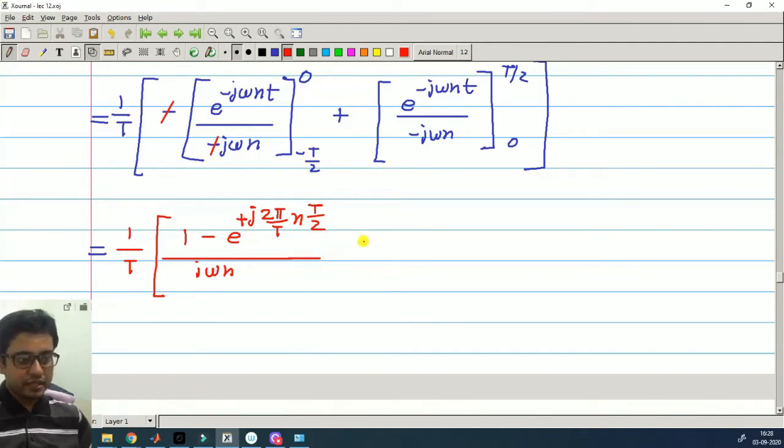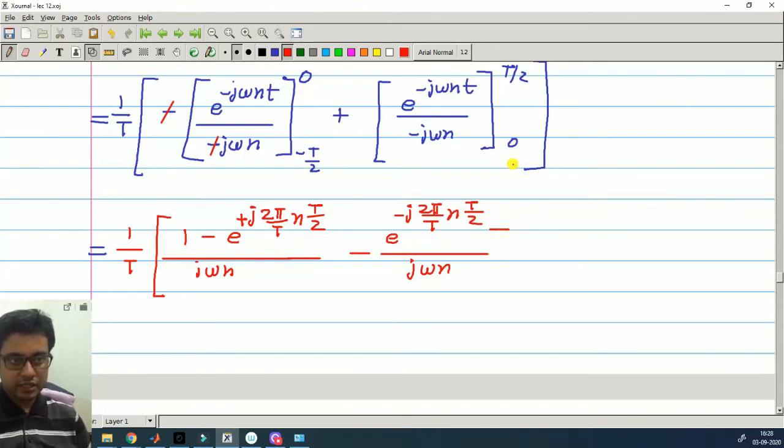Okay, then the next term, this minus, let's keep it here, then j omega n, and this is e to the power minus j 2 pi by T in place of omega, then n, then in place of t we have T by 2, and then minus e to the power 0 is 1.